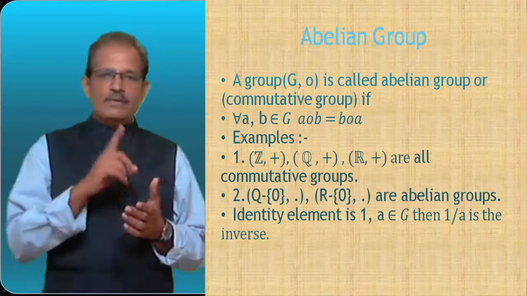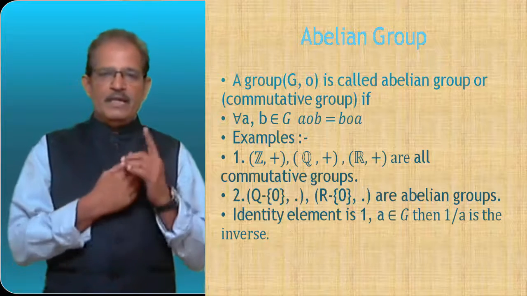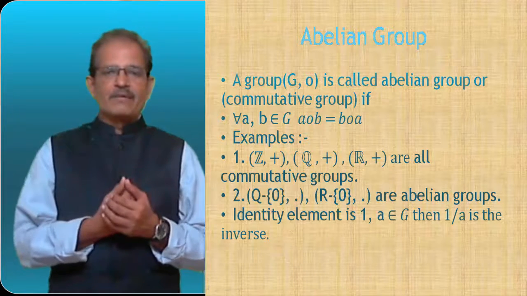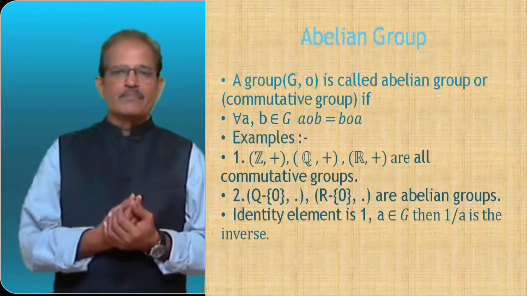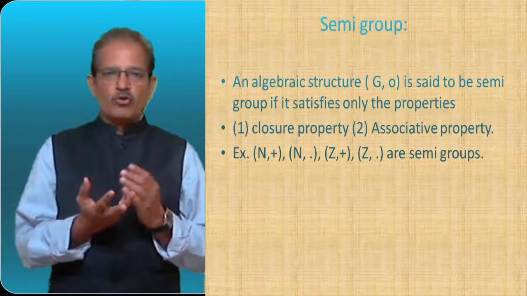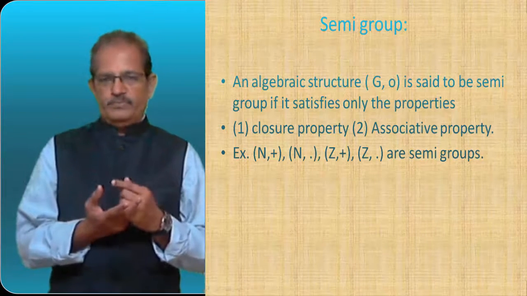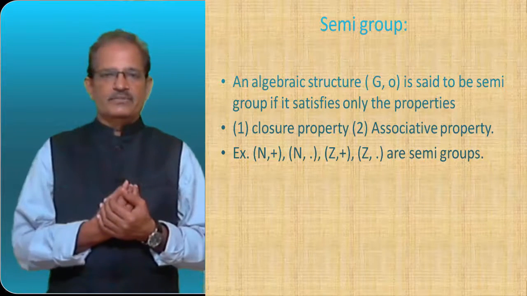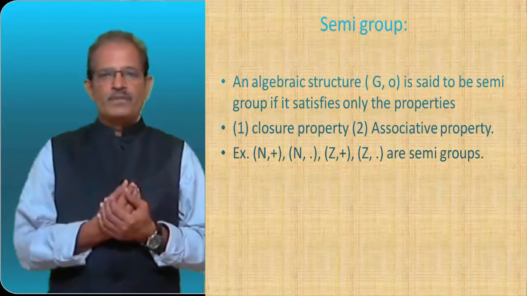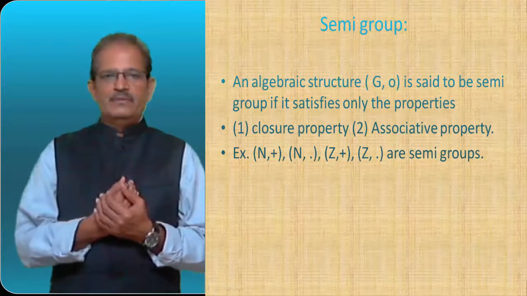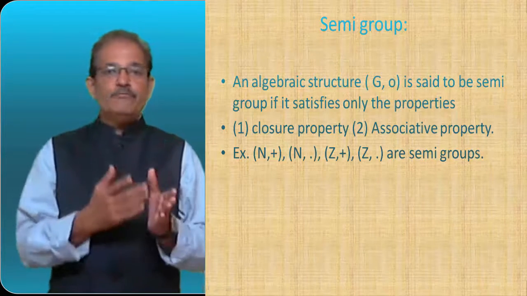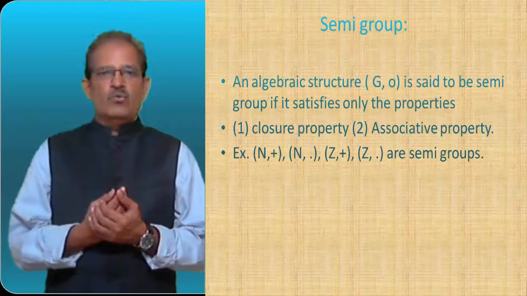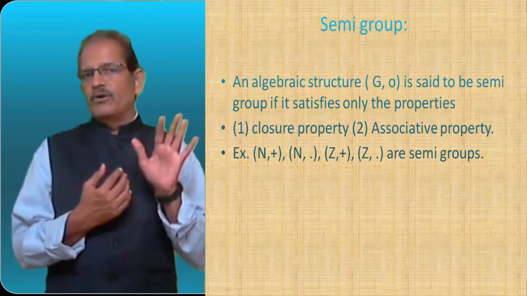So identity element is usually 1. If A is the element, its inverse is given by 1 by A in the case of multiplication. So we have discussed about a group and abelian group. What is a semi-group? An algebraic structure (G, O) is said to be a semi-group if it satisfies only the properties given below. 1.